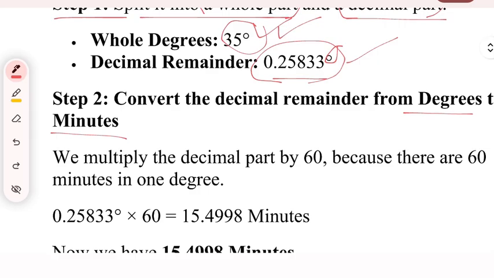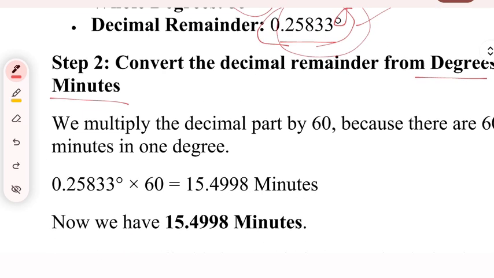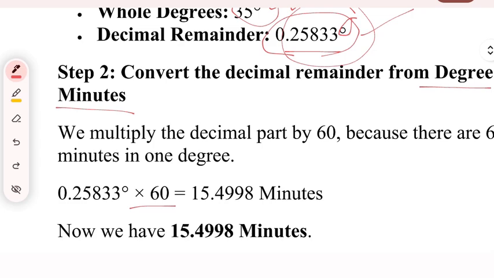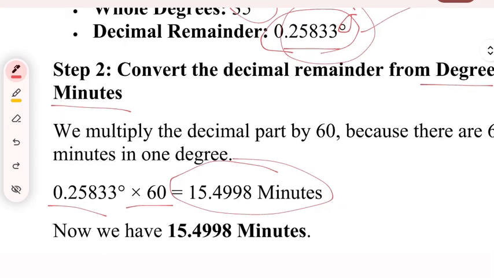So we use that conversion: since that is a degree, we multiply it by 60. That decimal times 60 is now in minutes: 15.4998 minutes.